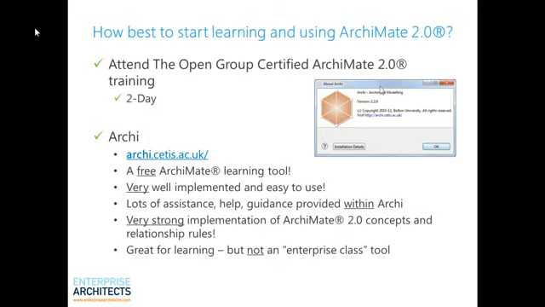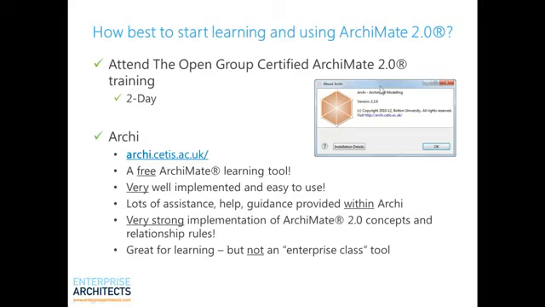Enterprise Architects is. We will be running certification programs, training for Archimate 2.0 this year, and we're already getting expressions of significant interest from the community of architects and also from employers who want to know about Archimate 2.0.